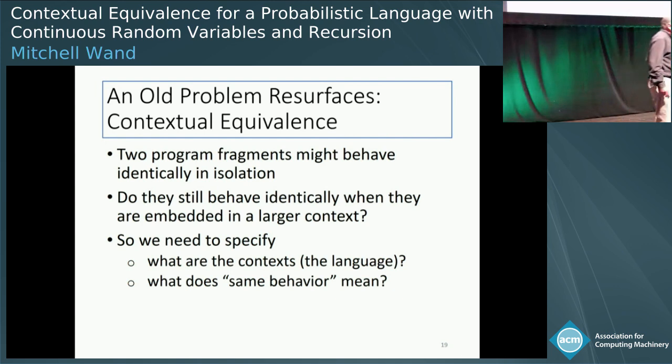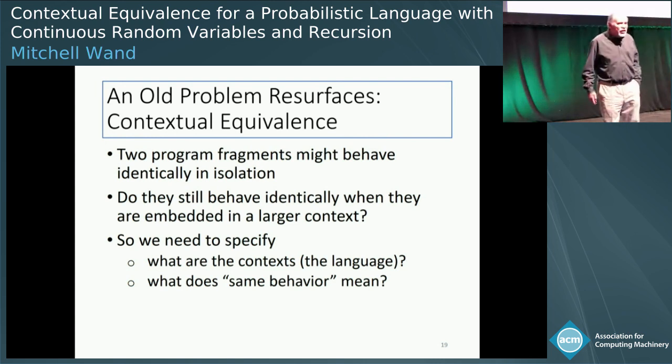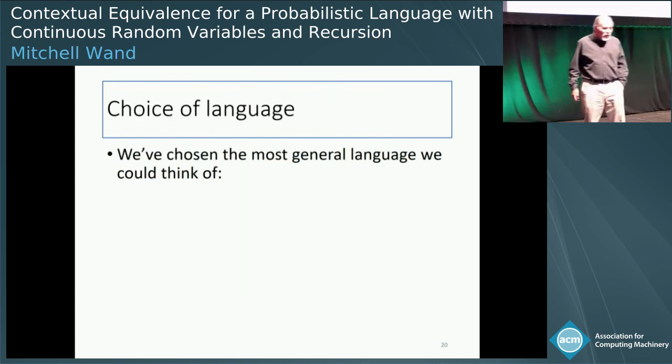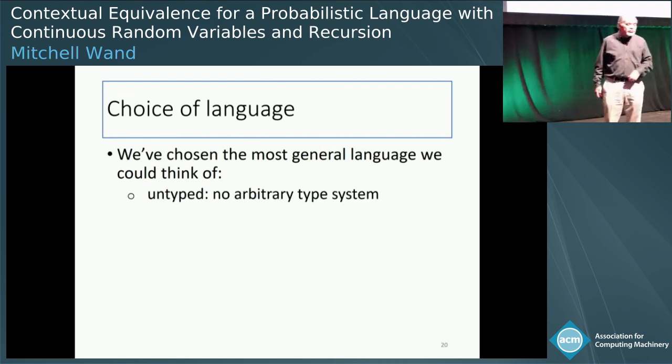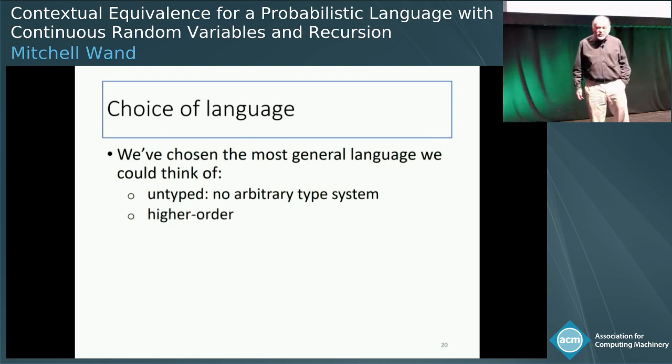Same behavior is something that's kind of well understood in the functional realm, but maybe not so obvious in this realm. Okay, so we chose the most general language we could think of. A lambda calculus which is untyped, because we didn't want to make arbitrary decisions about a type system.